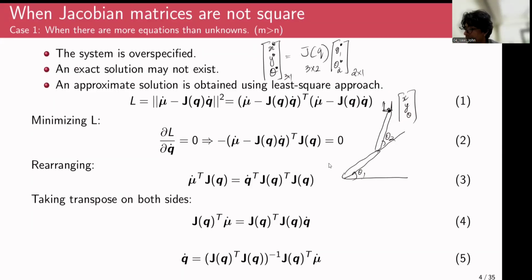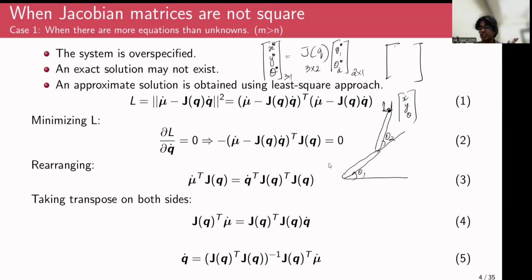Right? You essentially have a matrix that is not a square matrix. It has more rows than columns. So that essentially means you have three equations, but you only have two unknowns, right?